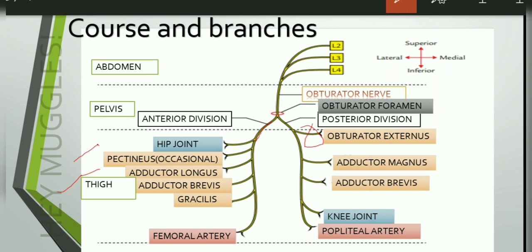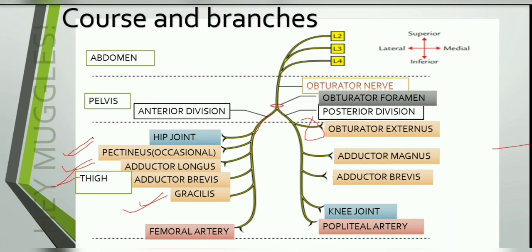The anterior division of the obturator nerve supplies the pectineus muscle, adductor longus muscle, adductor brevis muscle, and gracilis muscle, right? It also gives an articular branch to your hip joint, right? The anterior division of the obturator nerve passes through the adductor canal.